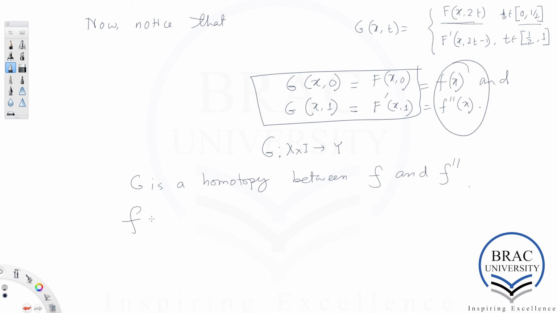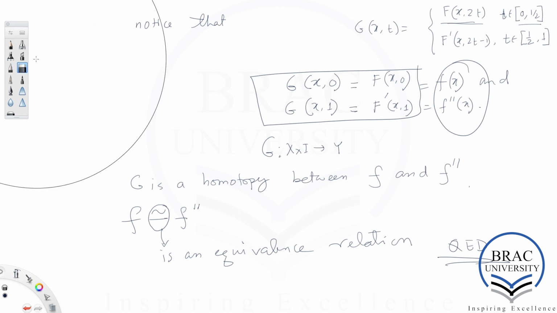Okay, that is F sim F double prime. So this proves the transitivity of this relation, and hence this is an equivalence relation. Okay, QED. Okay, about the relation of homotopy.